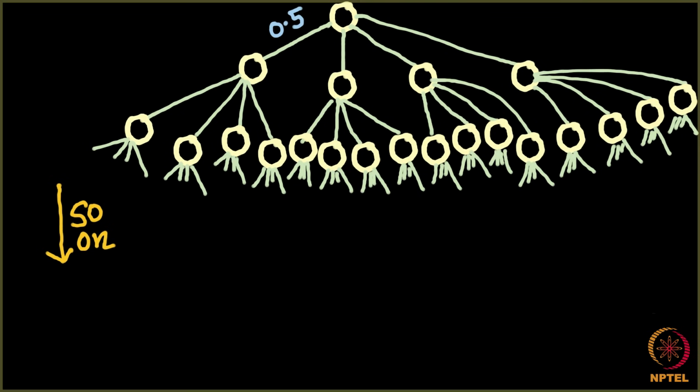What does it mean? It means that if this node here is infected, then there is a 50% chance that it will be able to infect this node. So with a 50% probability, 1/2 probability, the infection will transmit across this edge. And I say that the probability of infection across this edge is 0.5.